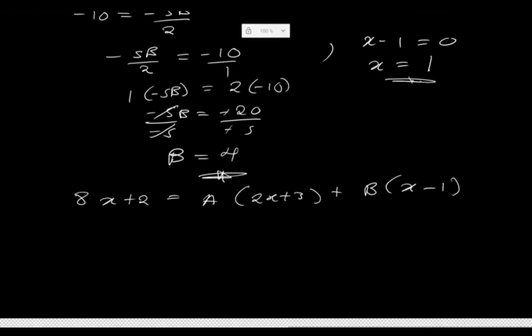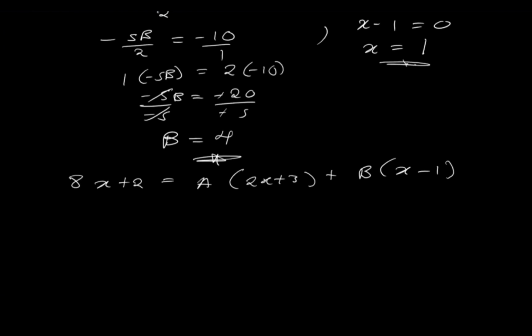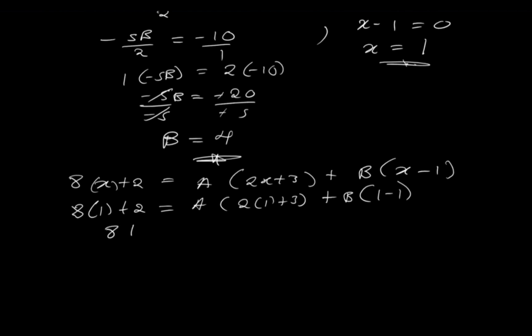Now, what happens if x is equal to 1? Let's put 1 wherever there's x. So 8 times 1 plus 2 is equal to a, 2 times 1 plus 3, plus b, 1 minus 1. So 8 times 1, that is 8, plus 2 is equal to a, 2 times 1, that is 2, plus 3, then plus b, 1 minus 1, that's a 0.